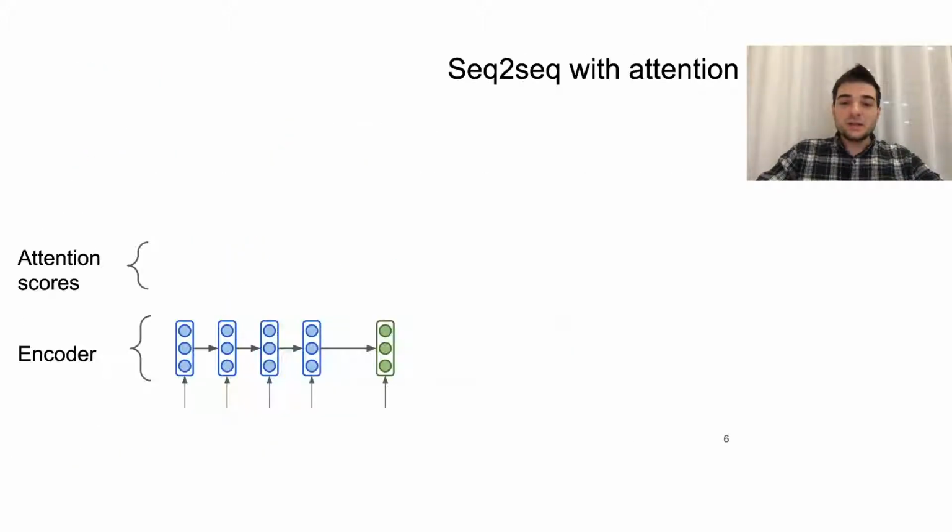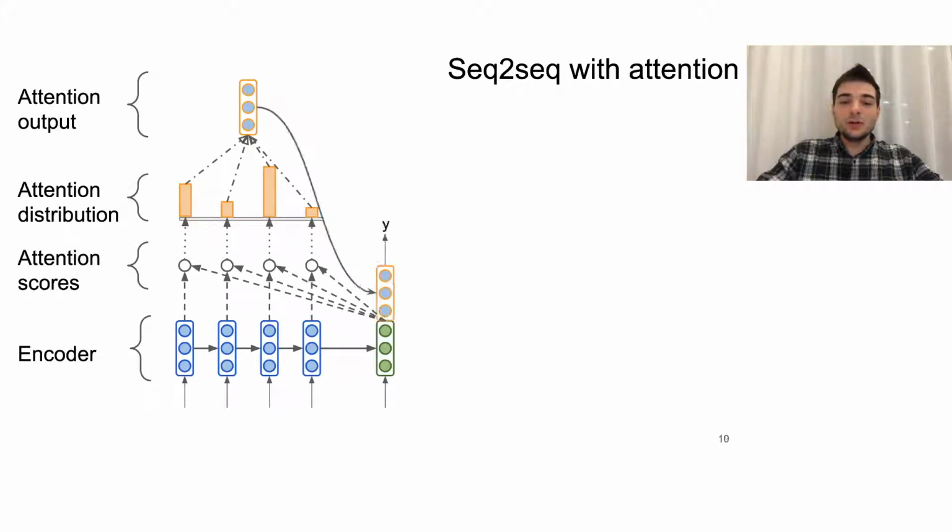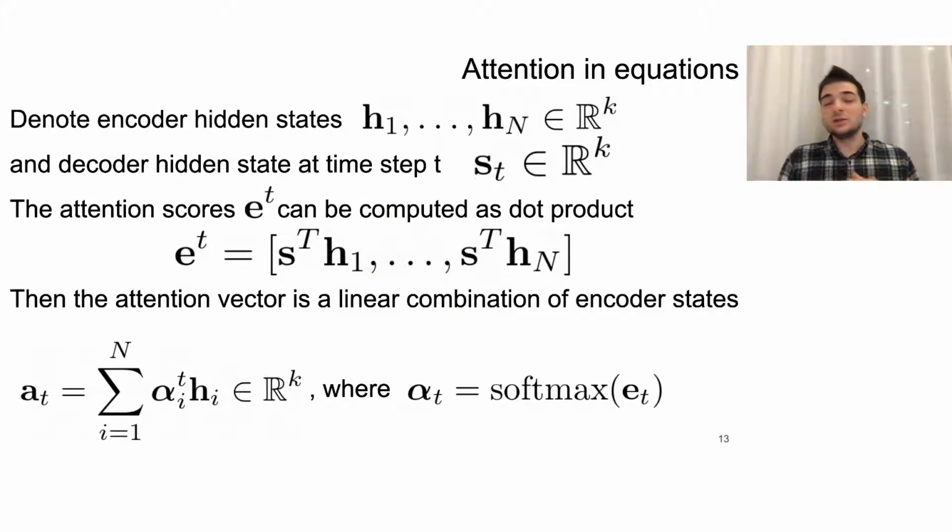So attention is just giving us an opportunity to get attention to all the positions at the same step. So we computed the attention scores, similarity between one decoder state and all the encoder states. And then we just compute the softmax over all these attention scores to normalize them. And then we just use a weighted average, not a simple average, of all the encoder states to get the attention output.